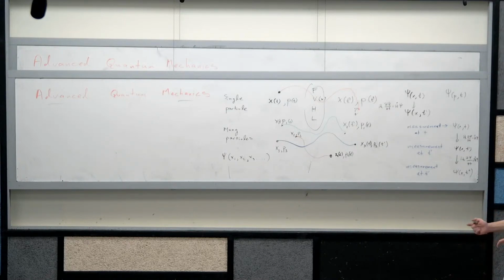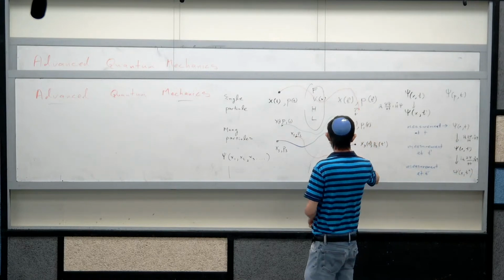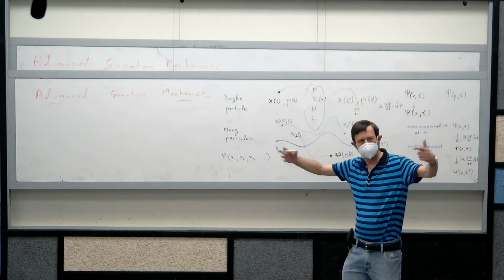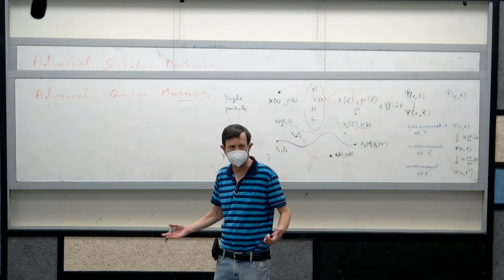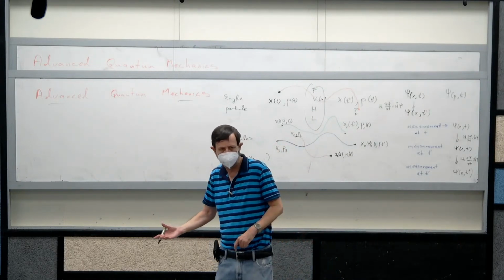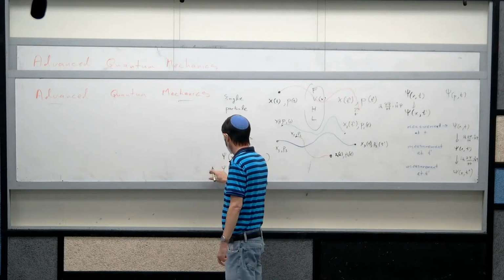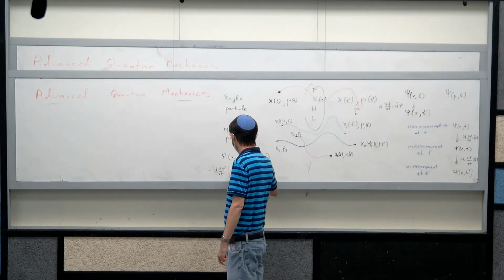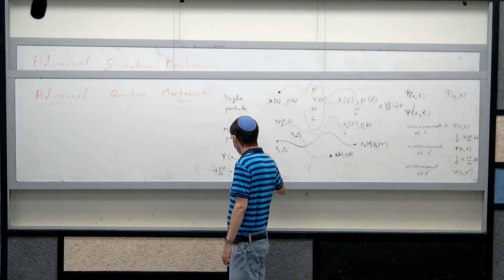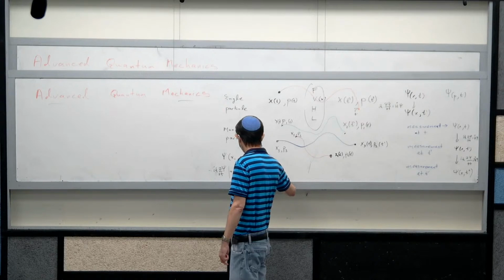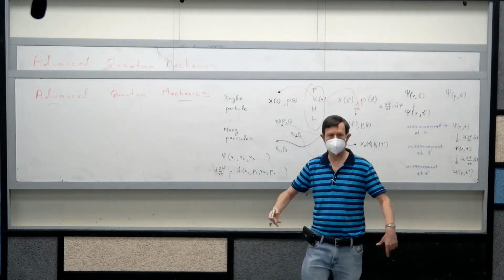I write my Hamiltonian appropriately with interactions between these different particles. Now H depends on x1, p1, x2, p2, and so on.